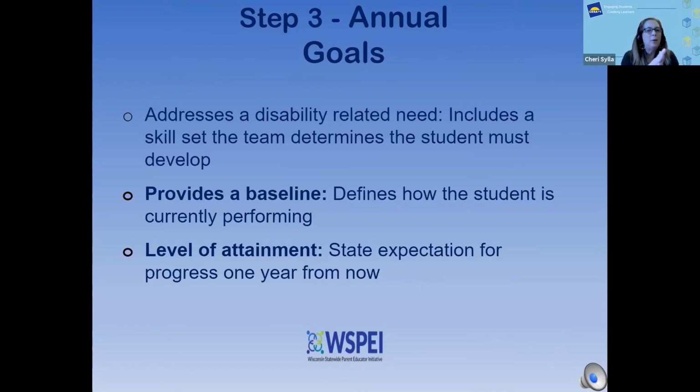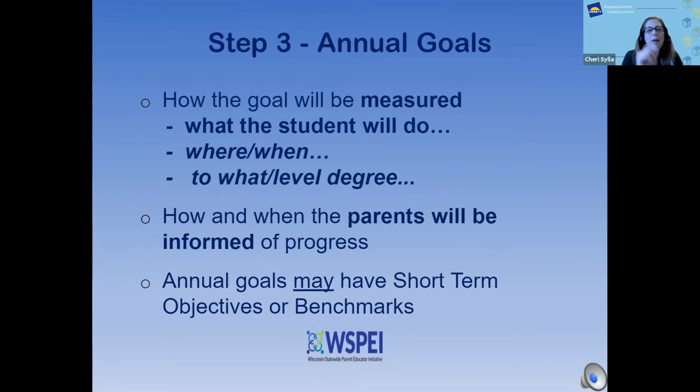So in 1 year from now, by the end of this IEP, where do we think as an IEP team, what is our best guess where the student will be in a year from now? And it's only a best guess, okay? No one has a crystal ball that knows for sure where that student will be, but what do we want to work toward? It also addresses how this goal will be measured.